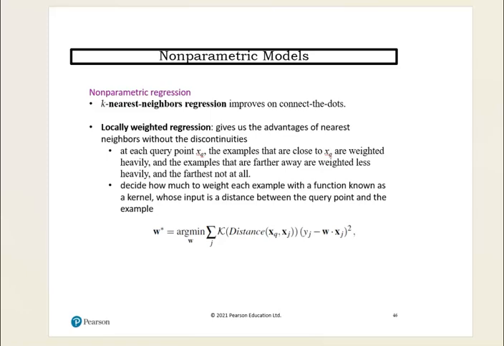This is our regular problem we talked about last time, except now we multiply each error by the kernel of the two points, xq, which is the query point, and xj. Note that we need to solve a new regression problem for every query point. That's why it's called local.